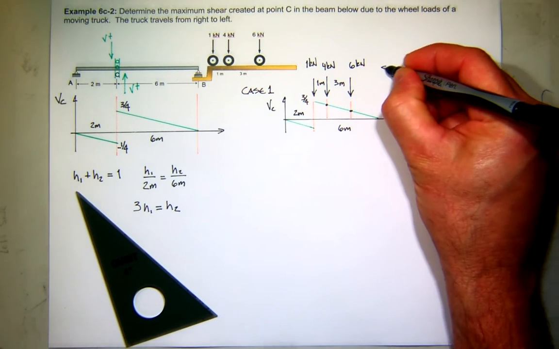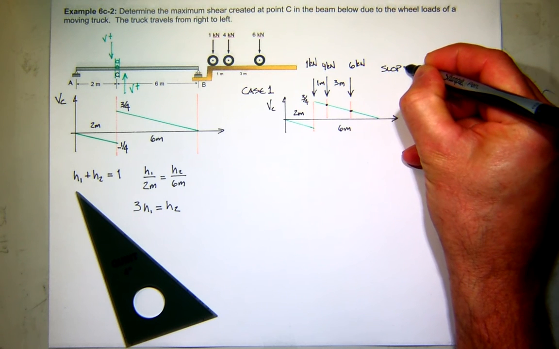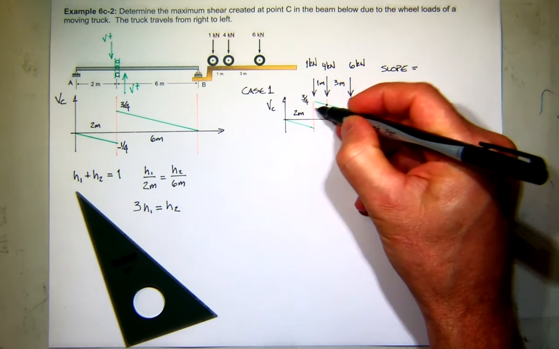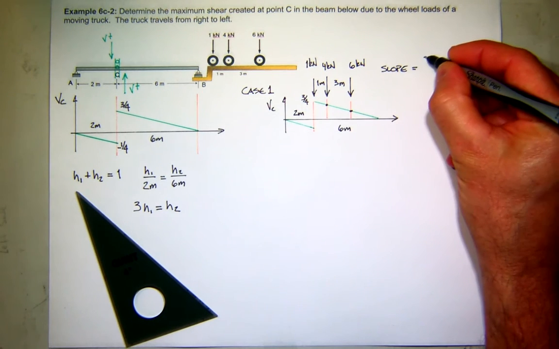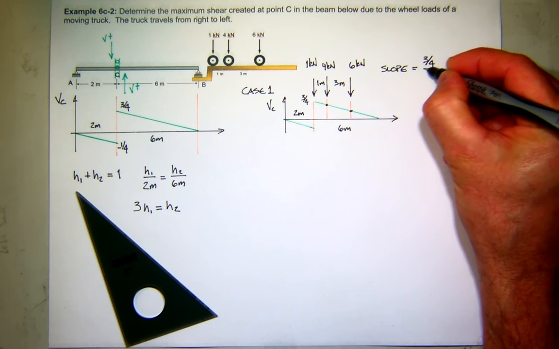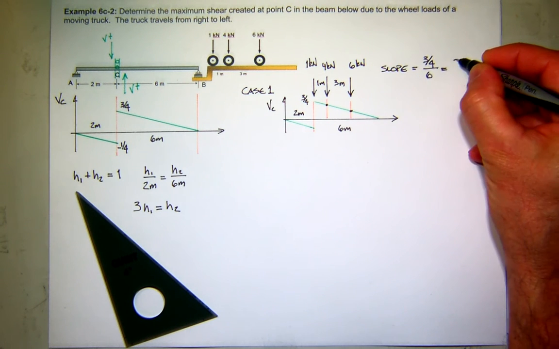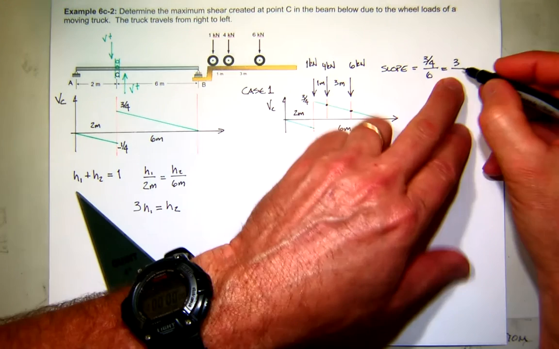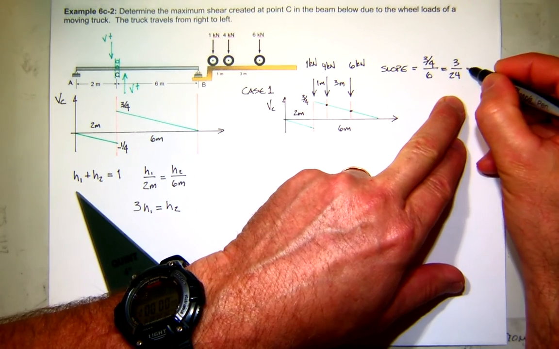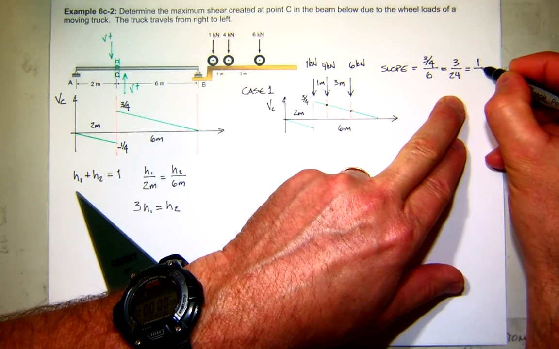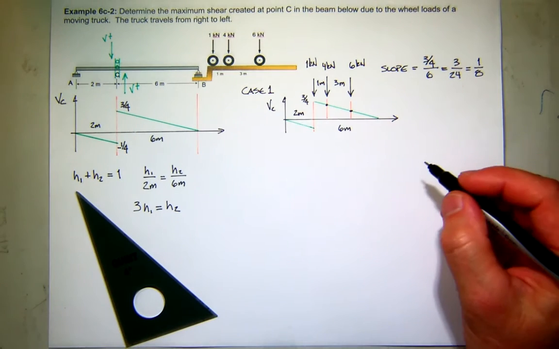The slope of the line is the rise, which is 3/4, divided by the run, which is 6. So that would be 3/24, which is 1/8. That make sense?